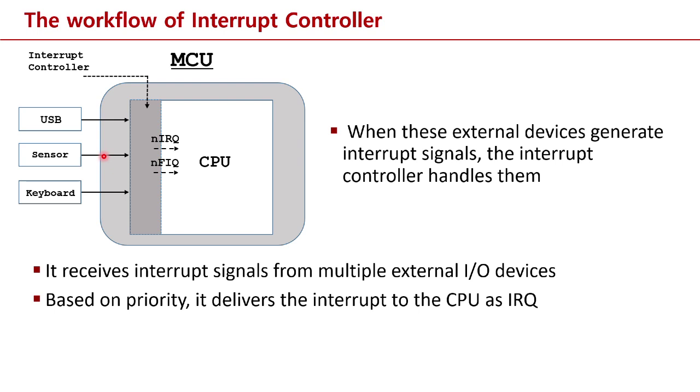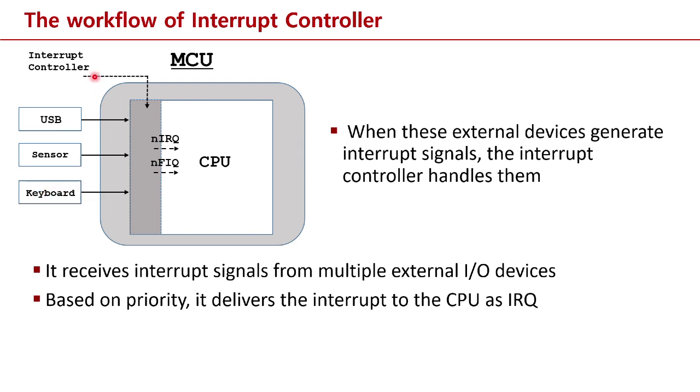If the sensor in your smartphone signals an interrupt, the interrupt controller will identify the signal from the sensor. Then if you put your finger on the keyboard, the keyboard peripheral will generate an interrupt.